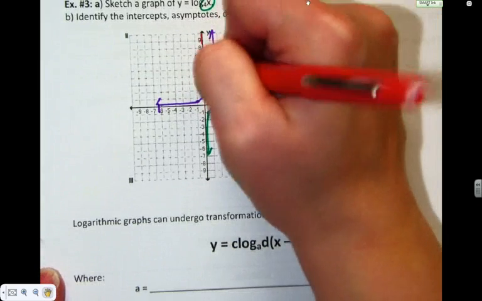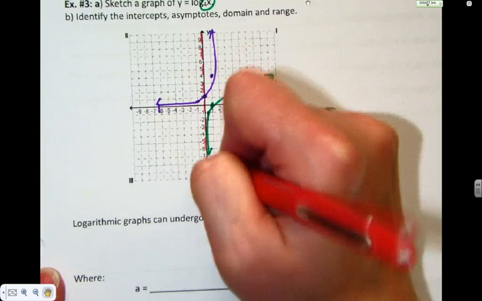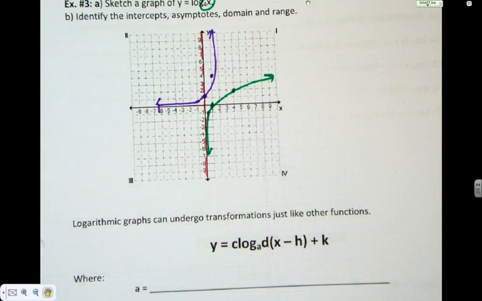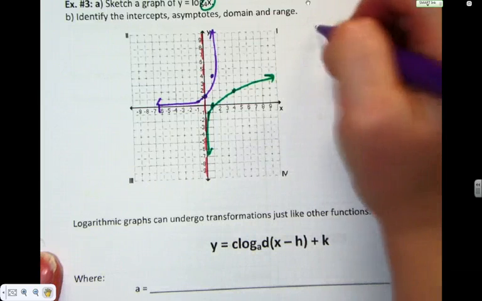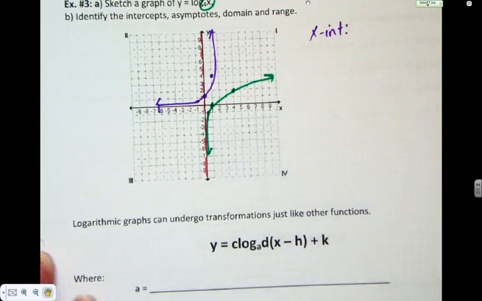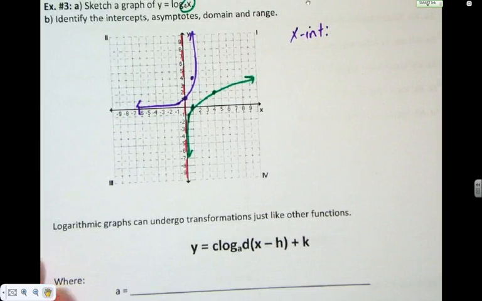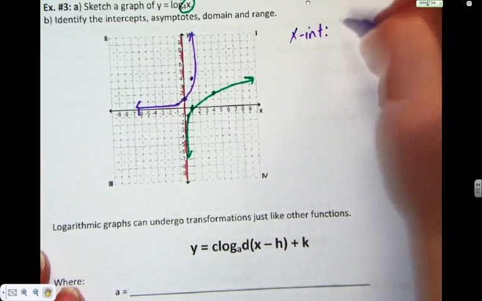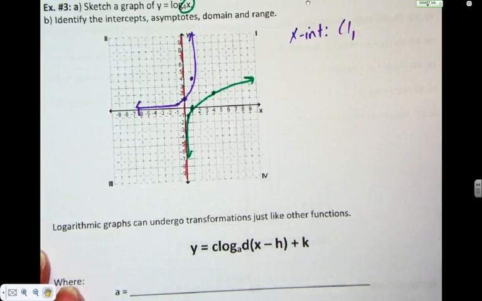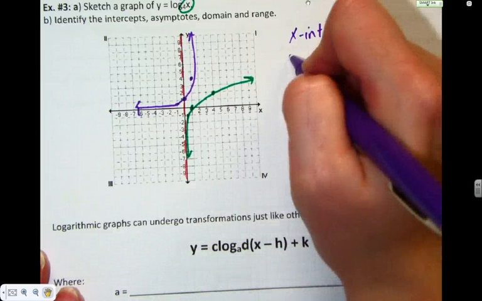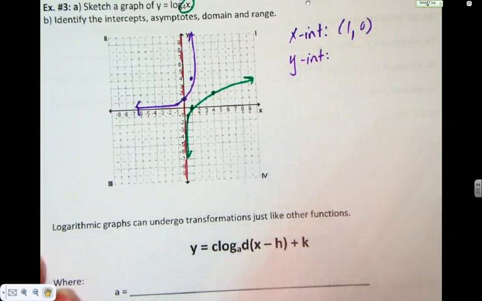Yes, sir, on the y-axis. Okay, so that's just bringing us back to what we did before with log graphs, nothing new yet. Intercepts. Unless there are transformations that move it up or down.